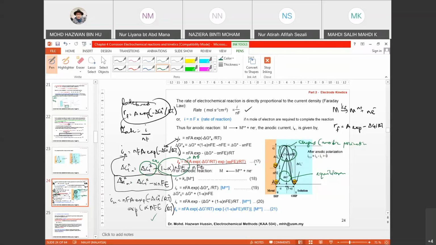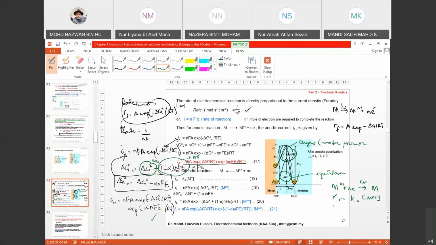So what about the cathodic current density? The cathodic current density can be derived similarly, because in this case you have a reverse reaction, M plus Ne. Now it becomes Kr, the reverse rate. So the rate of a reverse reaction is basically Kc over Mn plus.